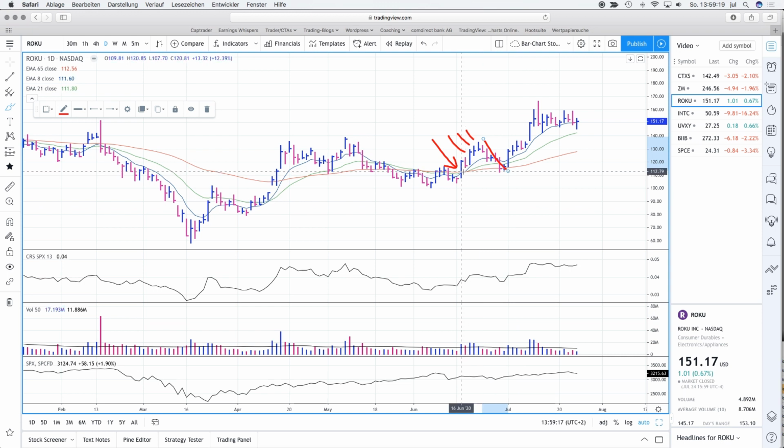Maybe some retail traders and some very speculative, news-driven hedge funds or whatever are buying such a rumor. But you can see ROKU went up a few days, then pulled back, then another rally happens, etc. So buying on a rumor is not the best case.